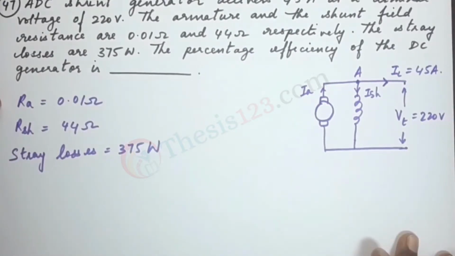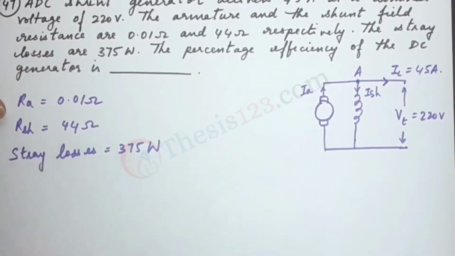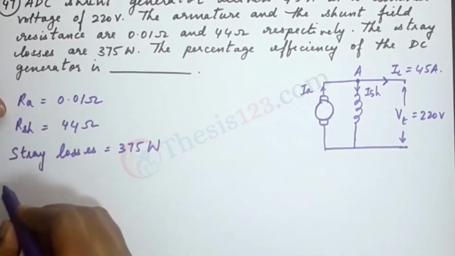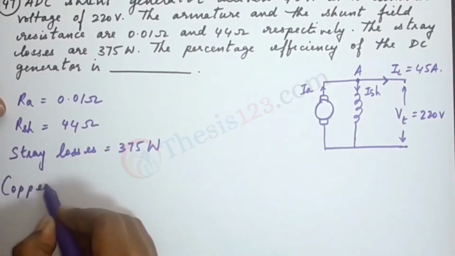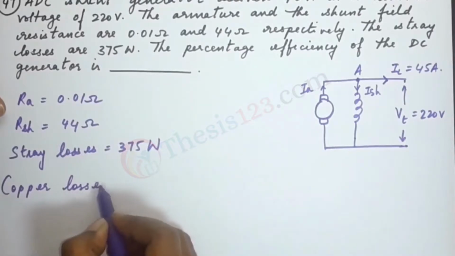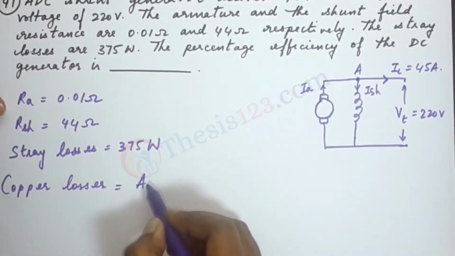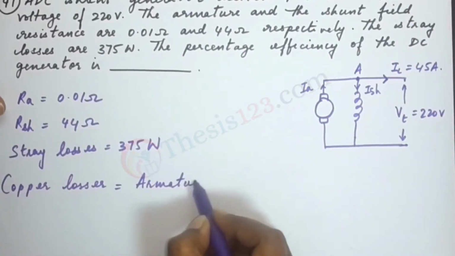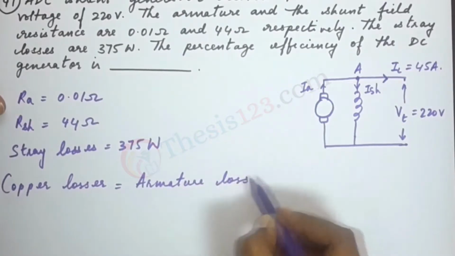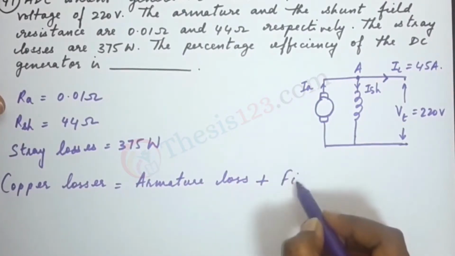Now since the question mentions losses, we will have to find out the armature loss and field loss as well. The armature and field loss together consist of the copper losses. So copper losses equals the armature loss plus field loss.